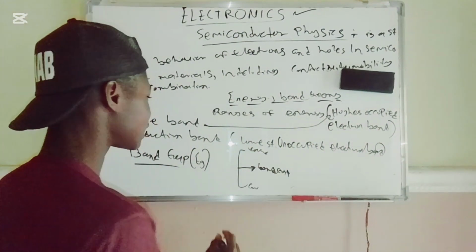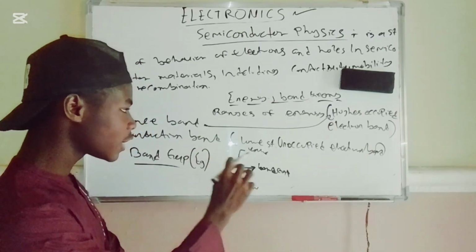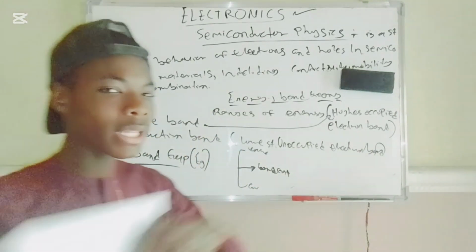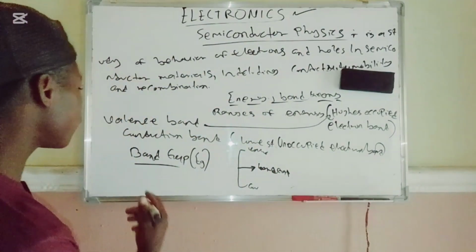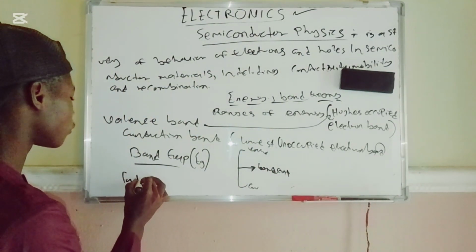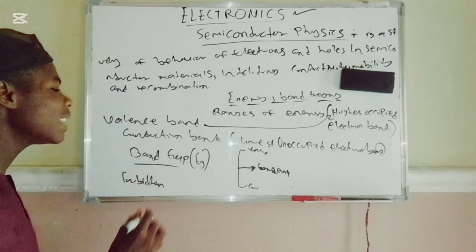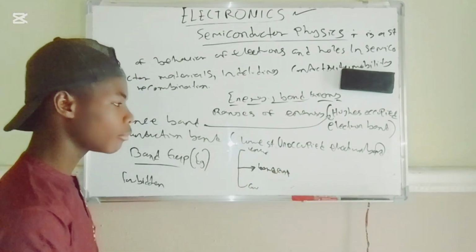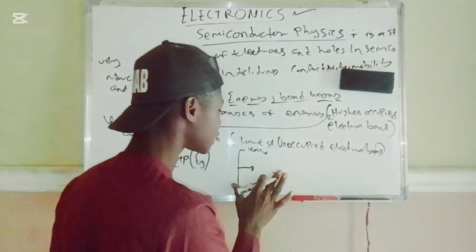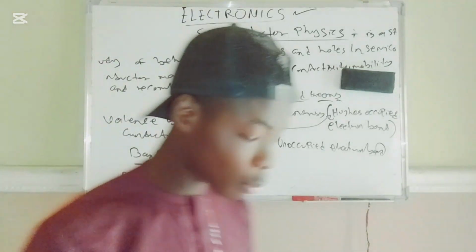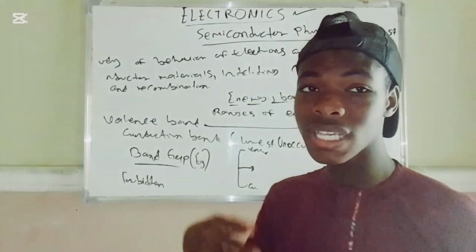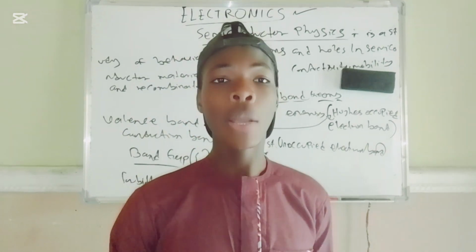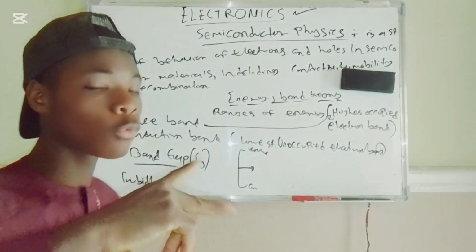As I said, the band gap is at the center of two bands, but I did not identify which bands. So the forbidden band is between the valence and conduction band. Also, I said band gap is the same thing as forbidden band, because they are in the middle of bands.